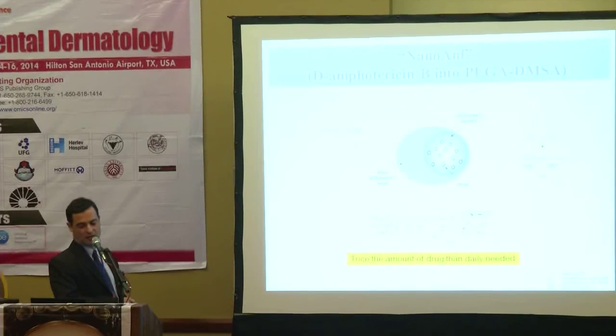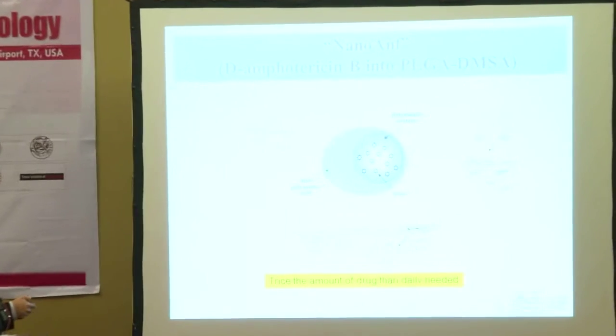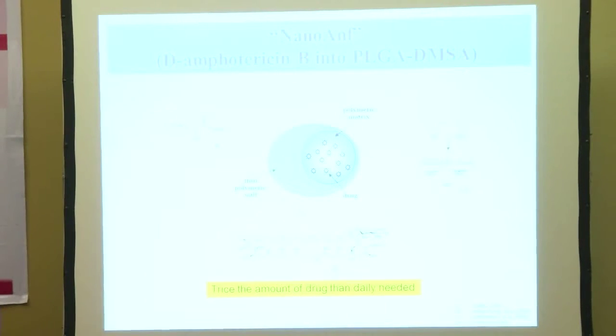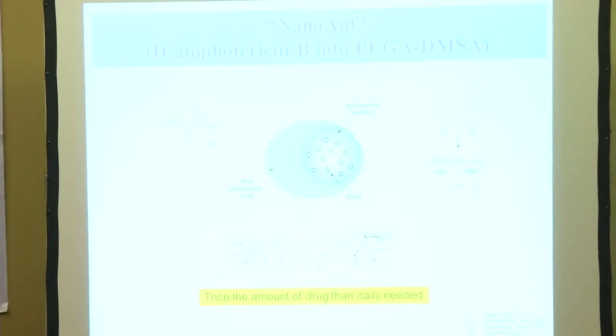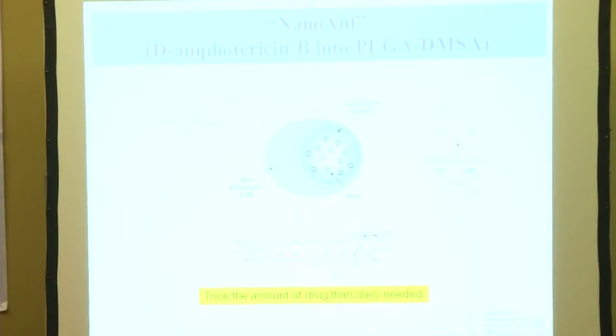And we also functionalized it with DMSA acid, this molecule. Why do we use this? Because in other kinds of nanoparticles we showed, and we don't know exactly why, that it presents a tropism to the lungs.